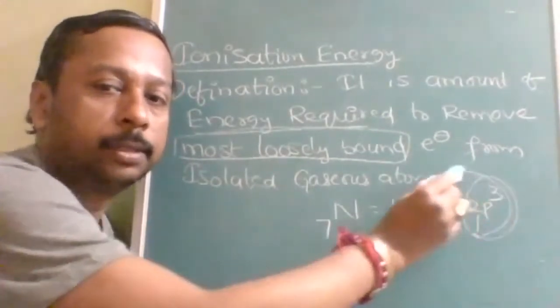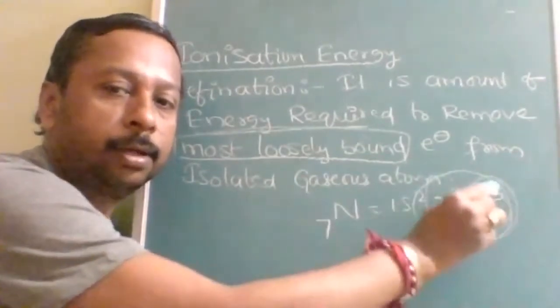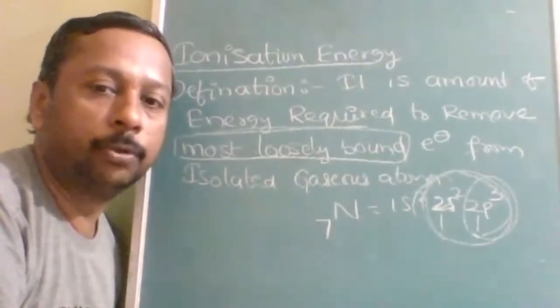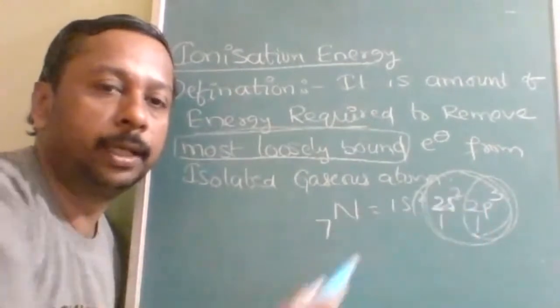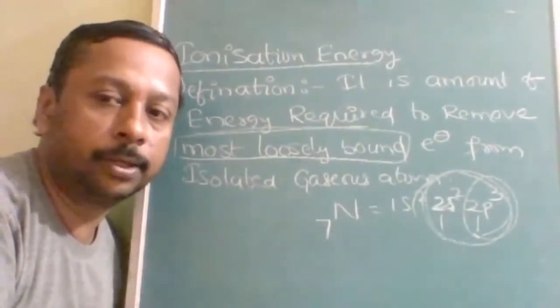The valence electrons are all 5, so writing valence electron means you are counting all of them the same. But when you write most loosely bound, you are specifying to remove the 2p3 electron only. Every small word makes a lot of difference.